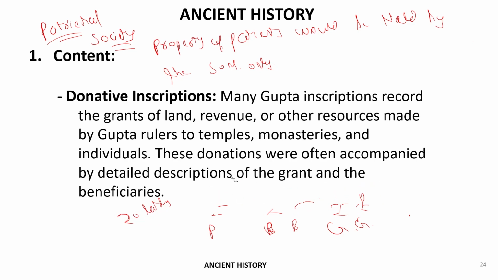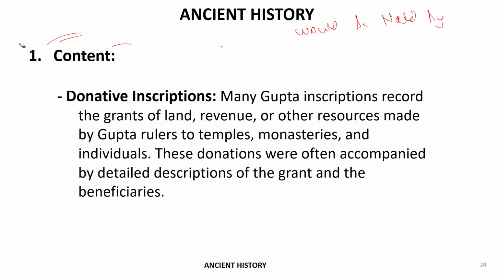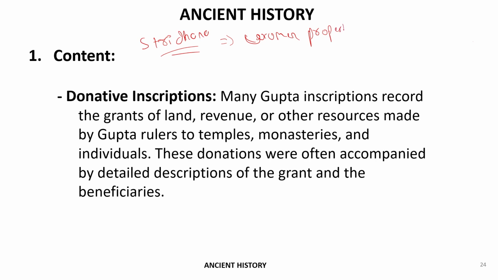Got it? But remember one thing, women were not completely excluded from property rights. It was not that women could not take anything as property. There was a concept of Stridhan also, which means woman's property. So what exactly was the Stridhan?